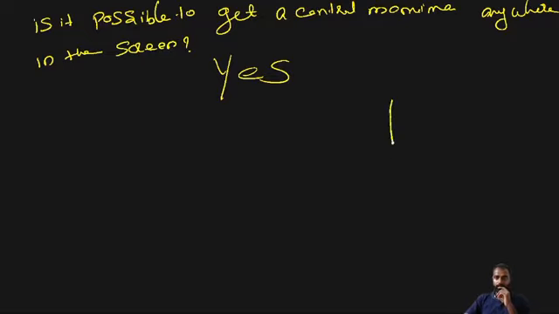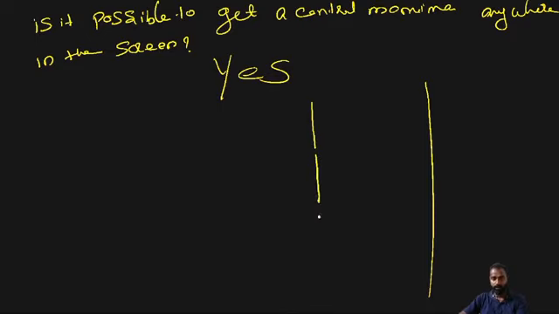So this is my screen. This is my slit. Here I have introduced a glass slab of mu and T. My source here gives the first ray and second ray.